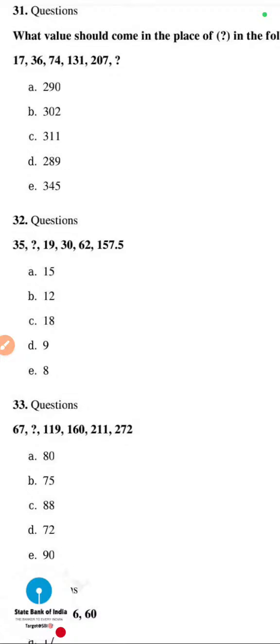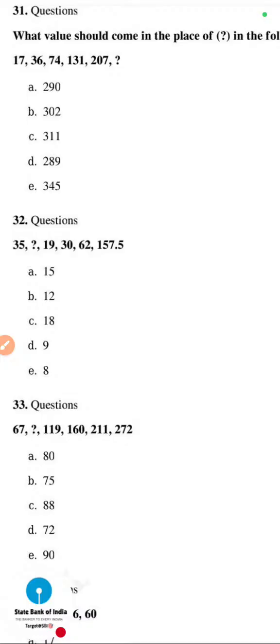We get 19 plus 9.5, which will be 28.5, plus 1.5, we get 30. So 19 becomes 30 means into 1.5 plus 1.5. 30 becomes 62 into 2 times plus 2. 62 becomes into 2.5 times plus 2.5.